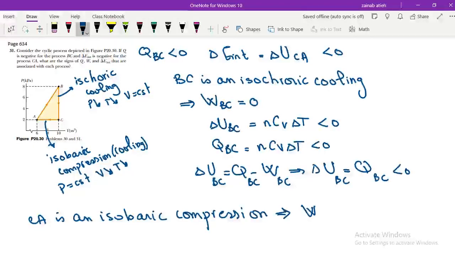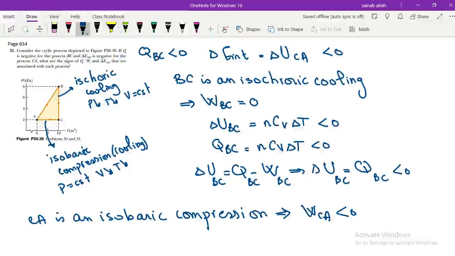Each time we are compressing, the work is negative, equal to minus the area under the curve. So W CA is negative. I write it directly, no need to calculate. It's equal to P delta V, and here delta V will be negative, so it's negative anyway.